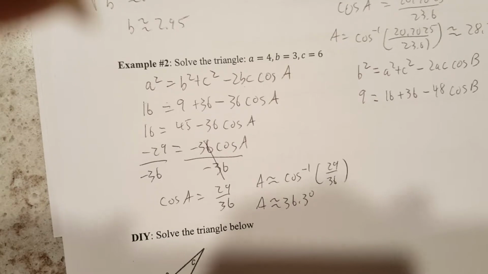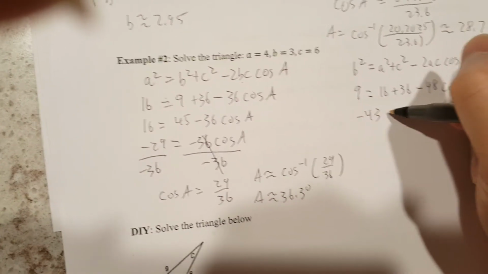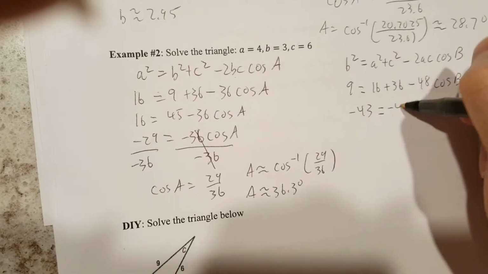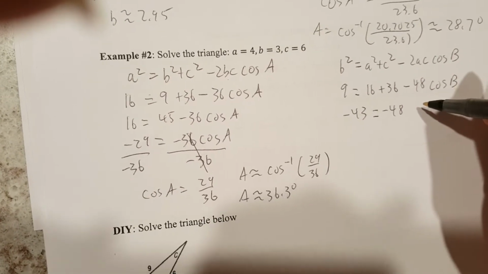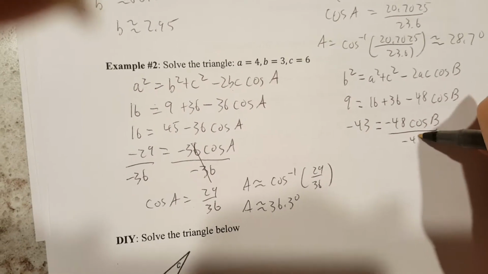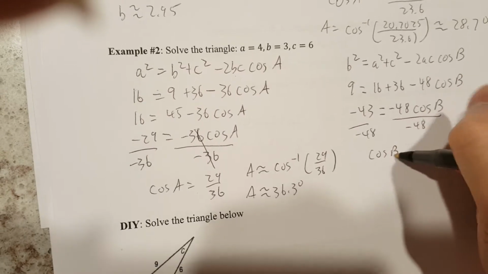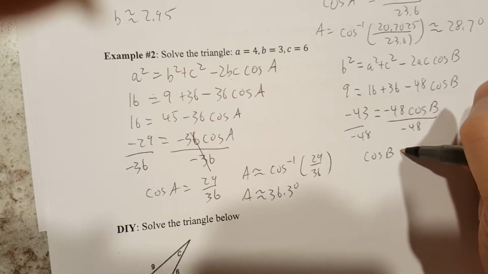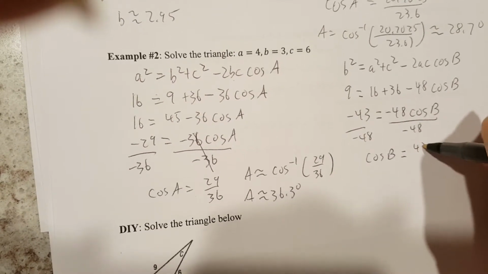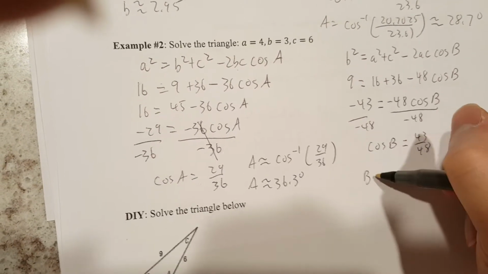So this is, if I just do all the math and algebra in one step, negative 43 is equal to negative 48 cosine B. Divide both sides by negative 48. So cosine B is going to be equal to 43 over 48. I inverse cosine both sides.